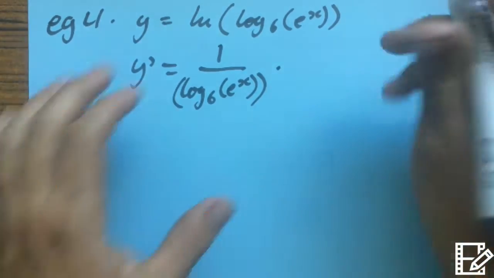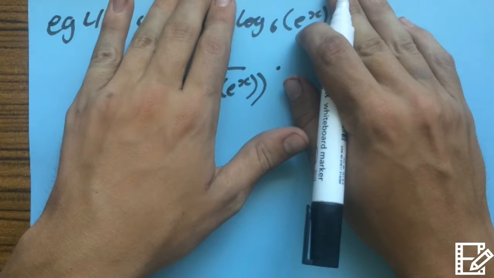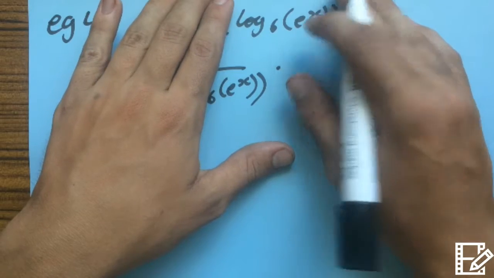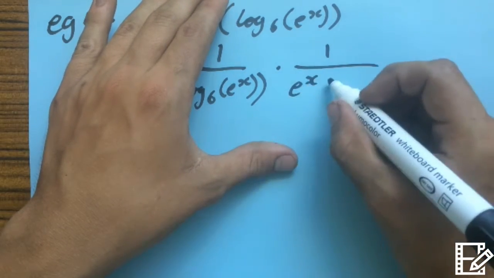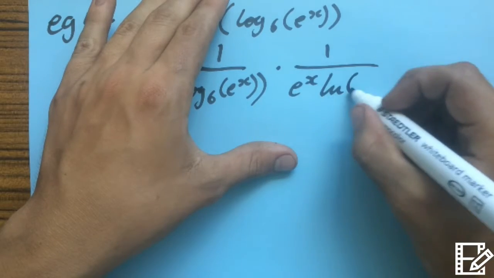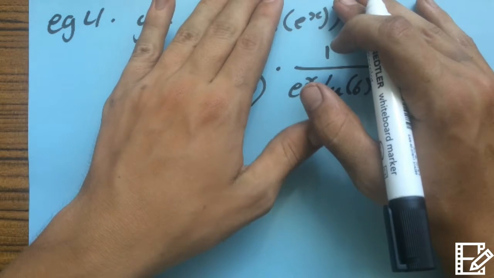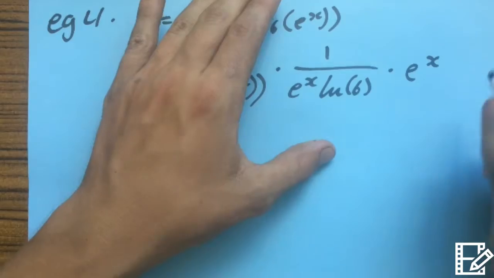Then we multiply it by the derivative of the second function while leaving the inside of its brackets the same, which would be deriving log 6 while keeping e to the x the same: 1 over e to the x, ln 6. And then multiplying that by the derivative of e to the x, which is e to the x.